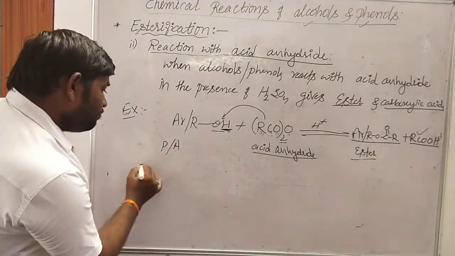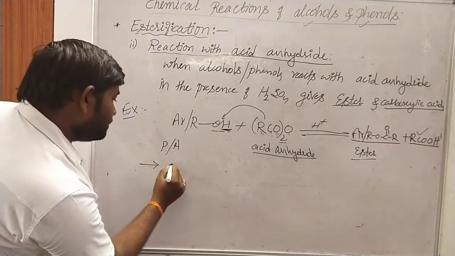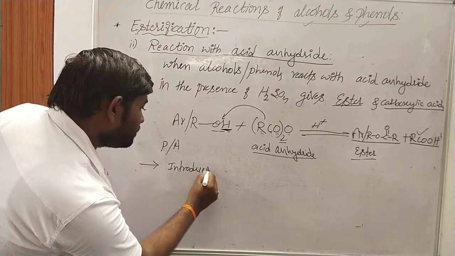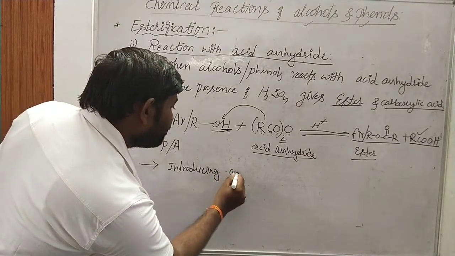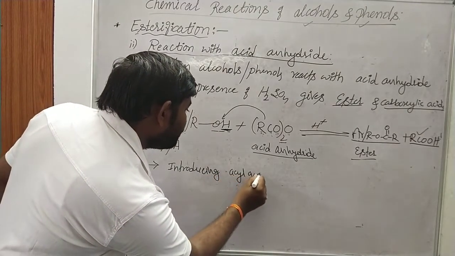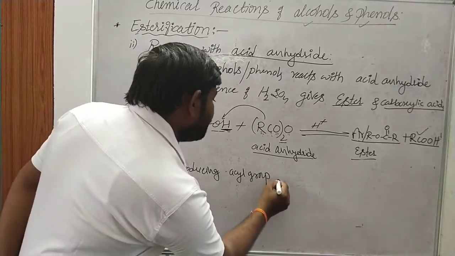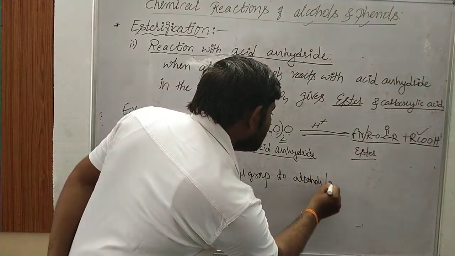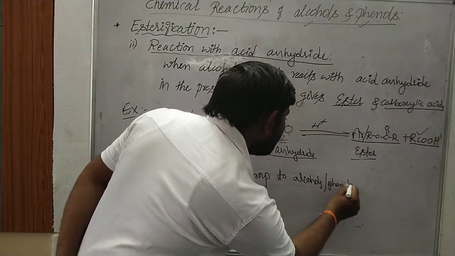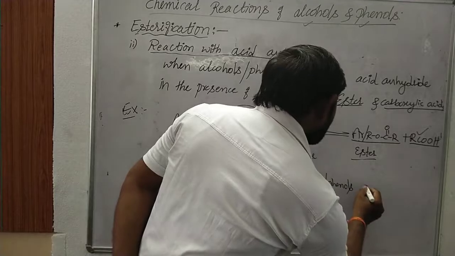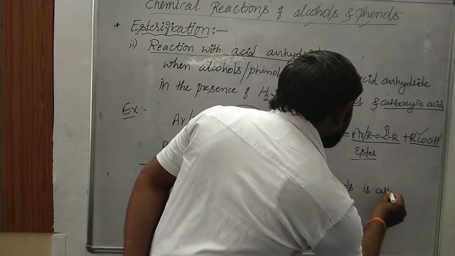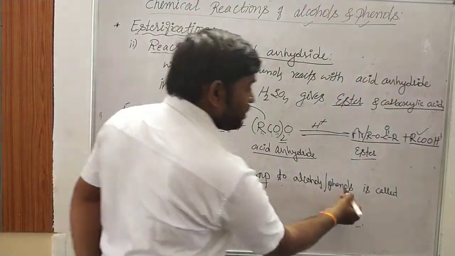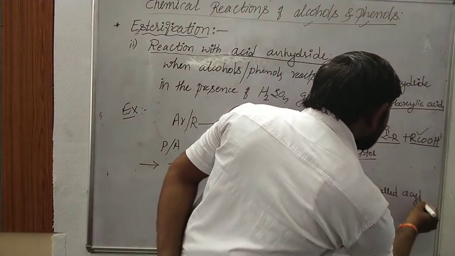So in one word we can say that introducing an acyl group to alcohols or phenols is called acylation.